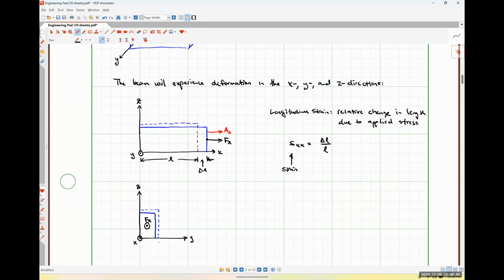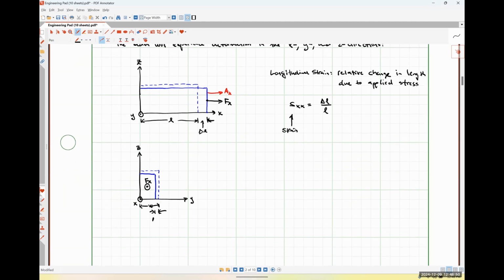So if this dimension was our original width, and this dimension right here is the change in our width. And similarly, if this direction right here were our original height, then this dimension right here is our change in height.